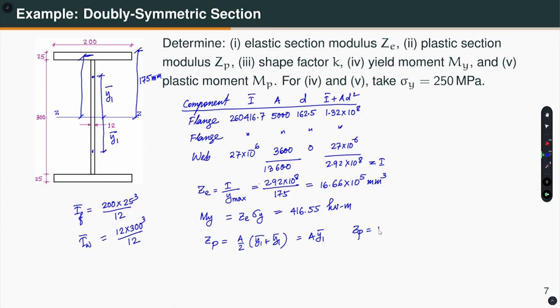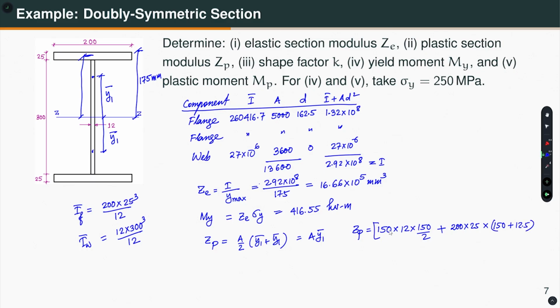So, how much is this part? That is 150 into thickness 12 into 150 by 2. So, what I have done? I have considered this, plus the top flange, which is 200 into 25 into the distance 150 plus 12.5.